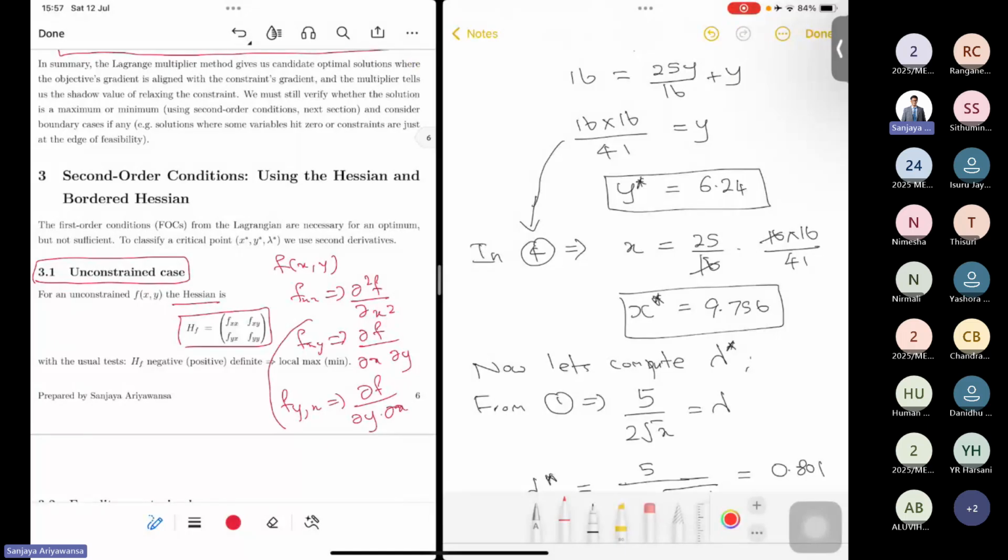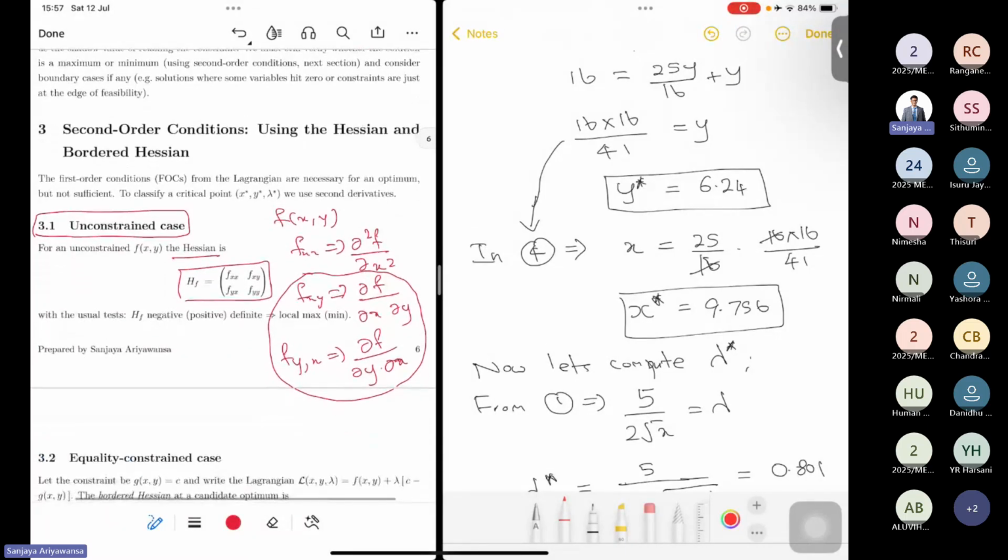In our economic problems, usually we get these two as equal, but not always. yy is partially differentiating a function twice with respect to y.